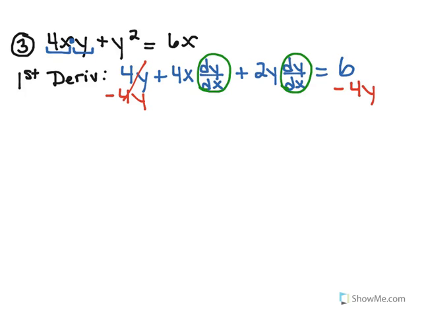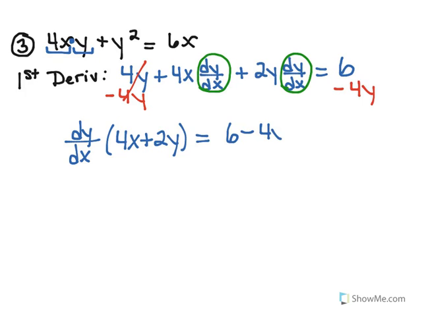So I'm going to end up with dy/dx times 4x plus 2y is equal to 6 minus 4y. And now I'm going to go through and divide. So I get dy/dx is equal to (6 minus 4y) divided by (4x plus 2y).